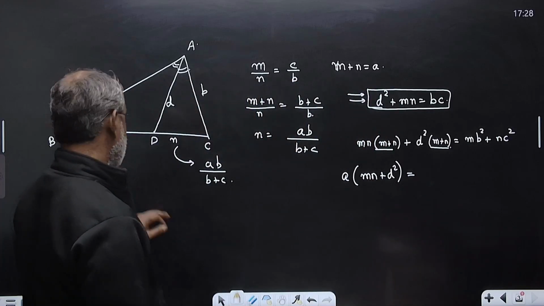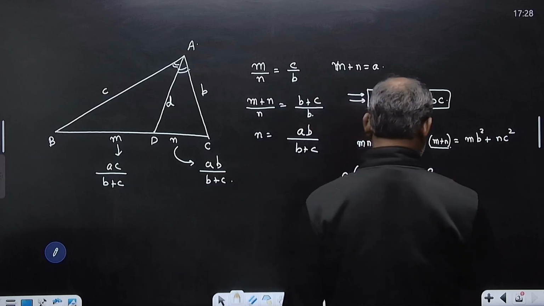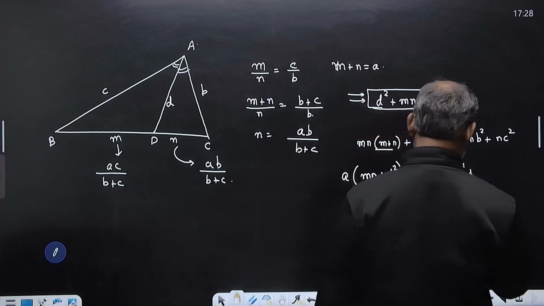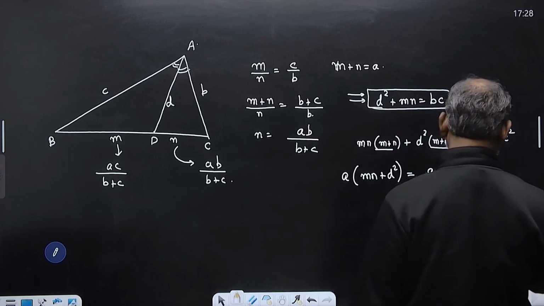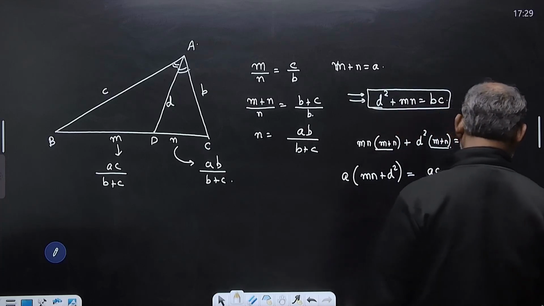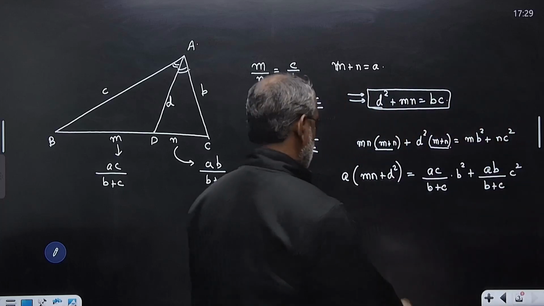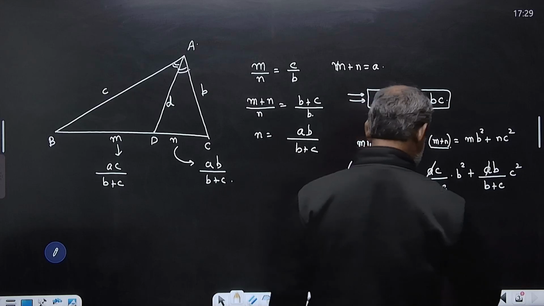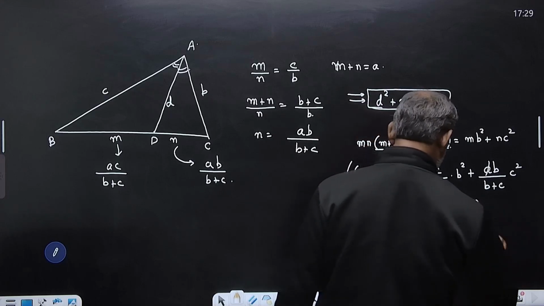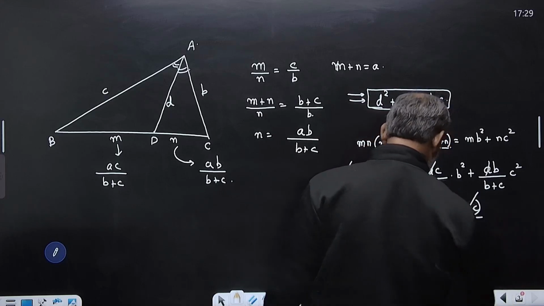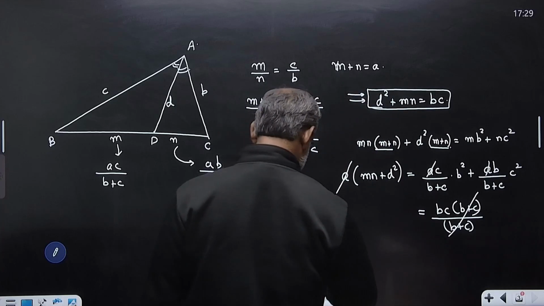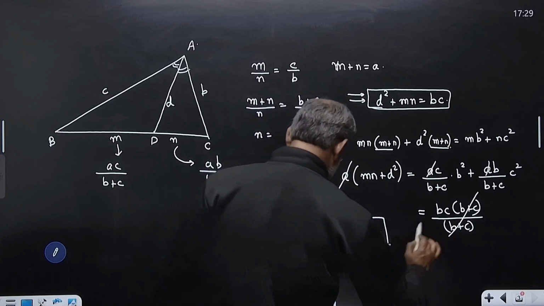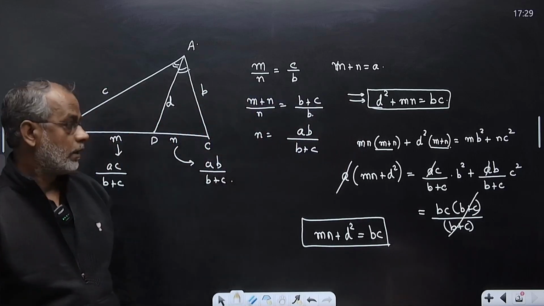M is AC upon B plus C, plus ... so A gets cancelled out. What you are left with is BC into B plus C upon B plus C. So MN plus D square is BC.